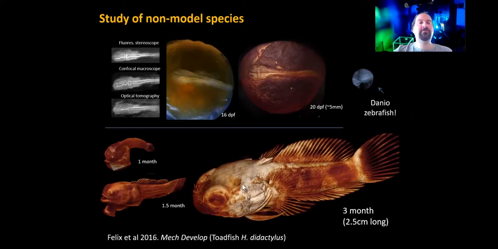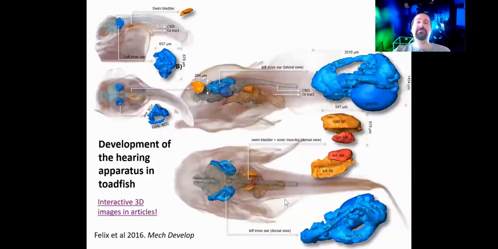And this here just represents some of the stages that we were able to image, from 1 month to 1.5 months to 3 months, where there are these gigantic 2.5 centimeter long animals already freely swimming and producing sounds. As I said, the group was actually interested in the development of the hearing apparatus and sound production apparatus. So this image here just shows you the amount of detail you can get from those images that you've seen before, where you can reconstruct the swim bladder, measure its length, its volume, everything, including the hearing apparatus inside the embryo.